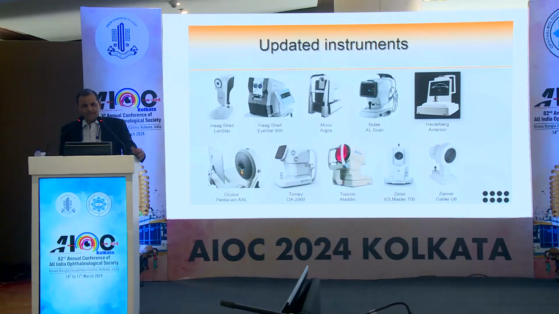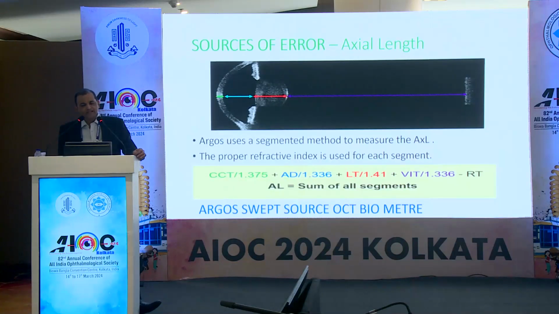So, updated instruments: so many optical biometries are available. Dr. Harshul will take in detail about these updated instruments, but I am just briefly saying that two new things are very important for axial length measurement, one is segmental biometry. Segmental biometry is biometry where we consider each and every individual tissue refractive index rather than a single refractive index of the eye.